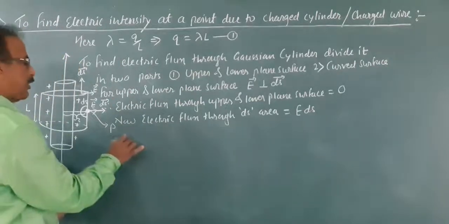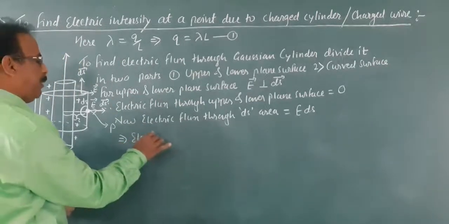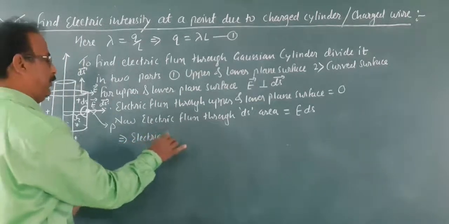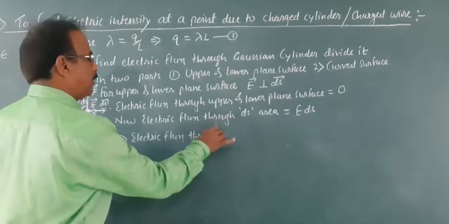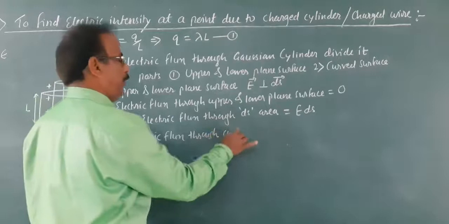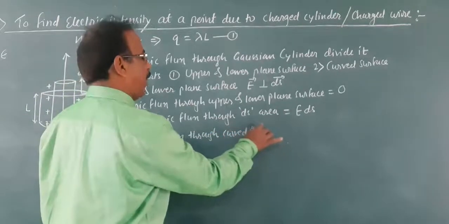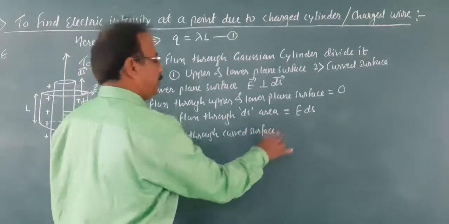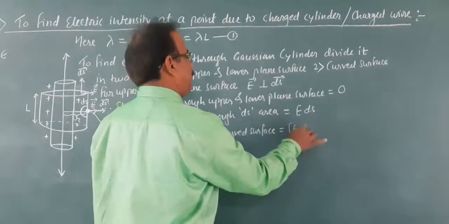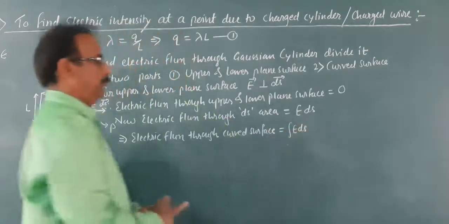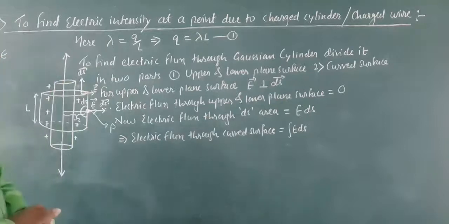From this we can write the electric flux through the curved surface as the integration of E into ds.